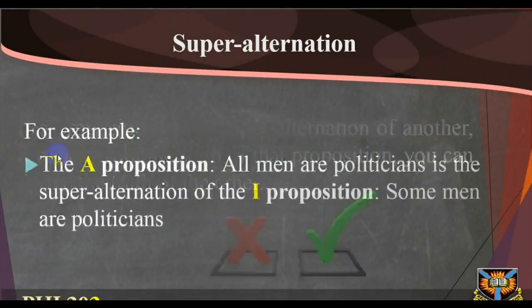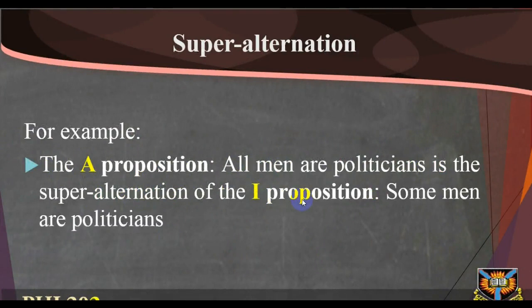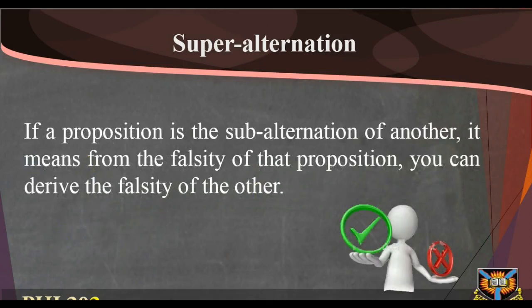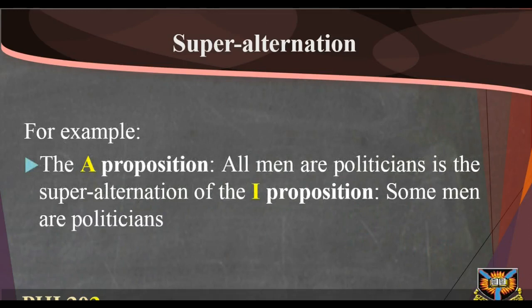For example, the A proposition, all men are politicians, is the subaltern of the I proposition, some men are politicians. Similarly, the E proposition, no men are politicians, is the subaltern of the O proposition, some men are not politicians.